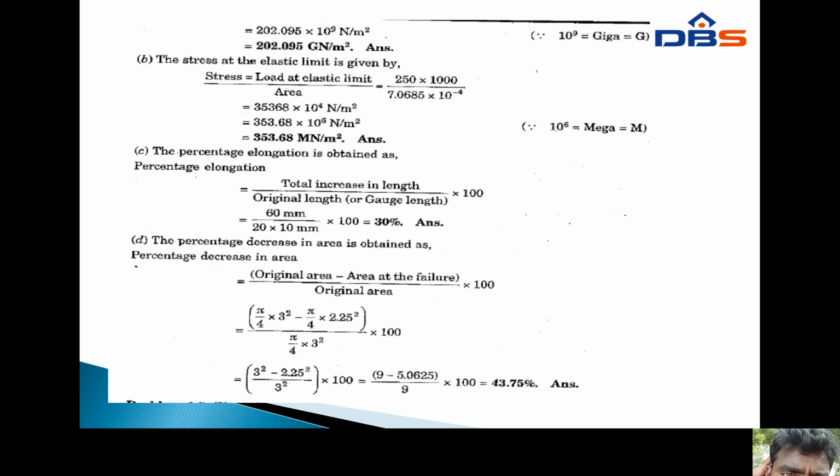Next, the percentage decrease in area is obtained as original area minus area at fracture by original area into 100. Pi by 4 into d square minus pi by 4 into d square, by pi by 4 into d square, that equals 43.75%, the percentage decrease in area.